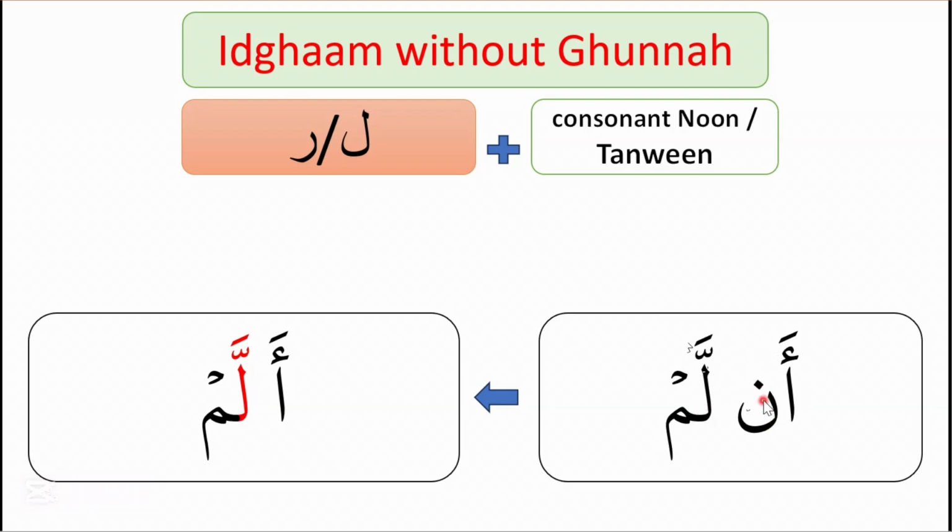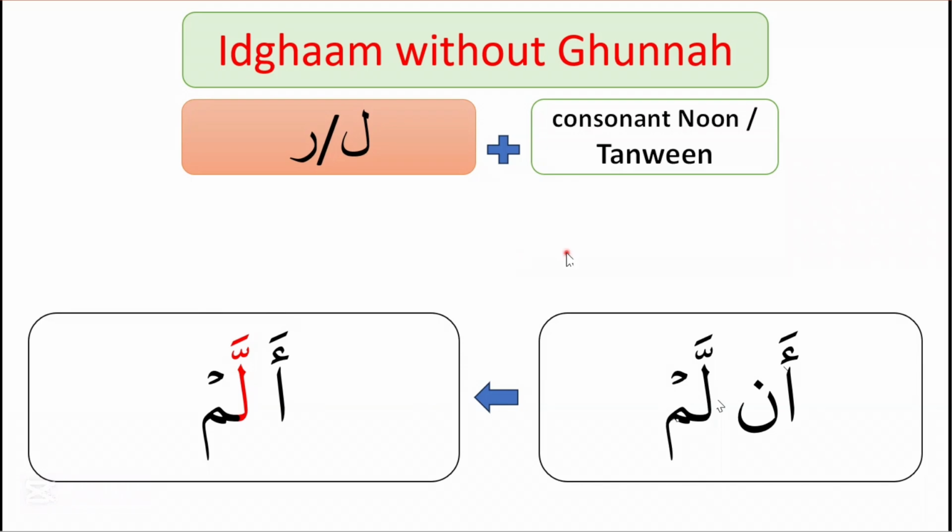I also don't need the ghunnah, the nasal sound of the letter noon. In simple words, just delete the noon and pronounce the following letter with the shadda. So here, allam, allam, no nasal sound. You will read like what we have written here on your left side.